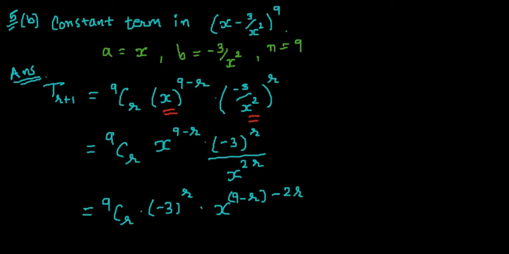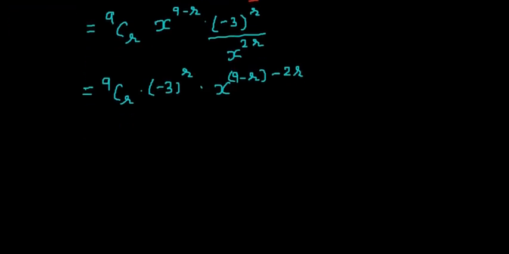So the power is going to be 9 minus r minus 2r, so 9 minus 3r. So I write further 9Cr minus 3 raised to r into x raised to 9 minus 3r.